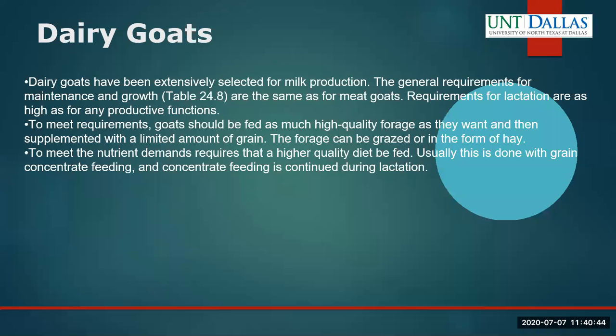The forage can be grazed or in the form of hay. To meet the nutrient demands of lactation, a higher quality diet must be fed. Usually this is done with grain concentrate feeding, and the concentrate feeding is continued during the lactation period. The proper nutrition and feeding of dairy goats requires the watchful eye of the owner and individual feeding to meet the production.